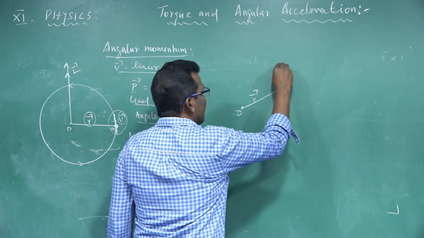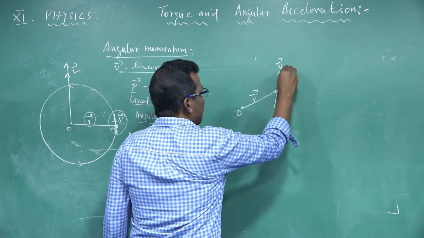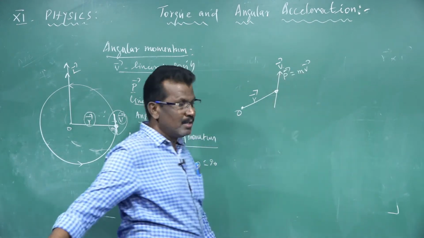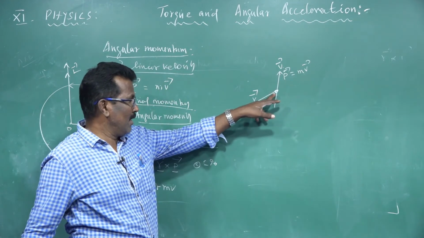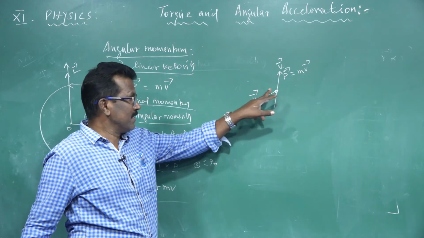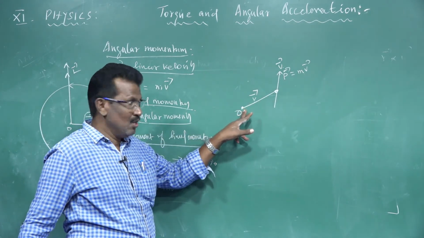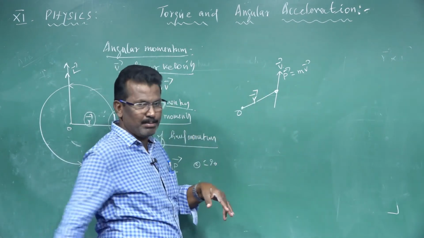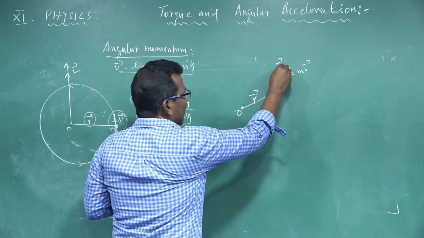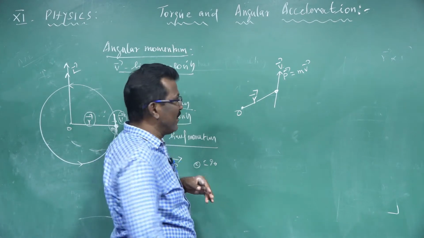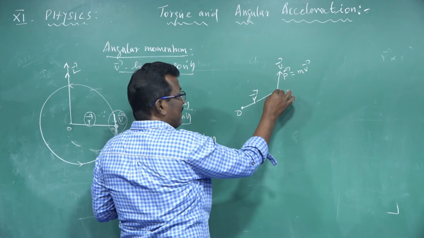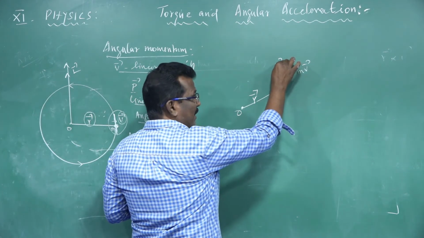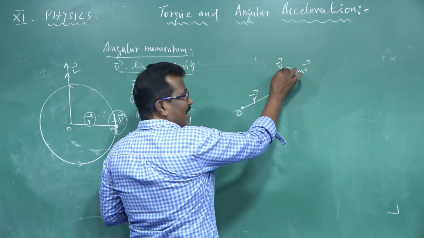The mass m has velocity v, so there is a momentum p equal to mv. The r vector is the position vector of the particle. The momentum also acts along the velocity.